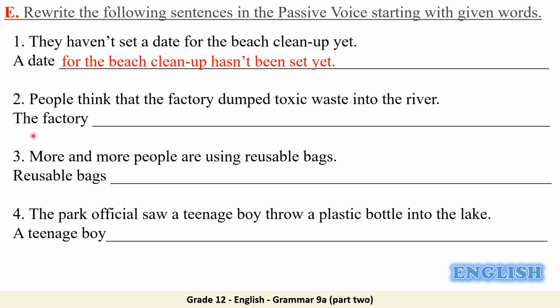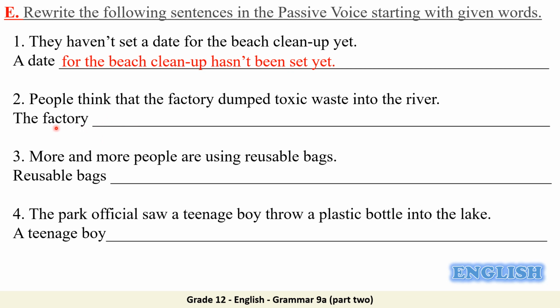Okay? Two: People think that the factory dumped toxic waste into the river. Here is the impersonal structure. People believe, people know, people suggest, people say, people think. Think what? That the factory. Here you're supposed to start with what? Subject number 2, the factory. Check think. Present simple.